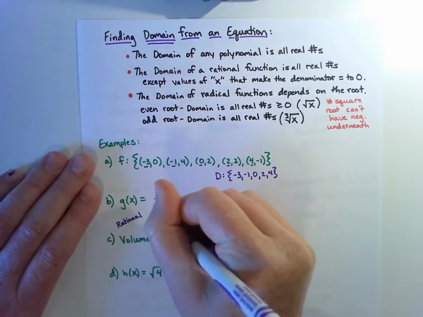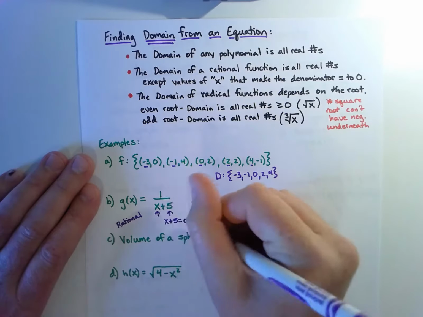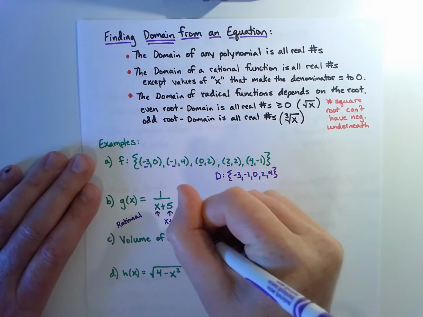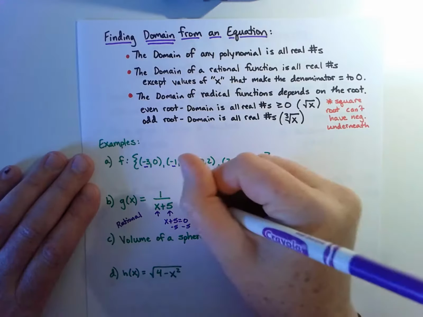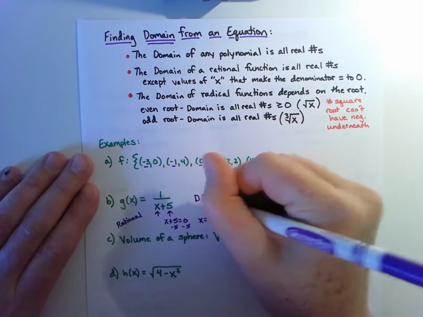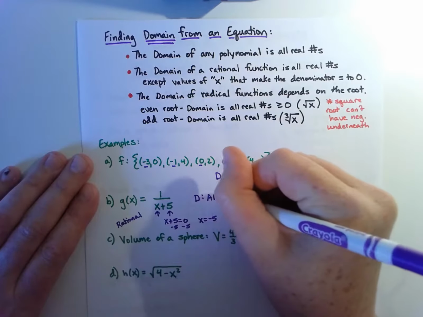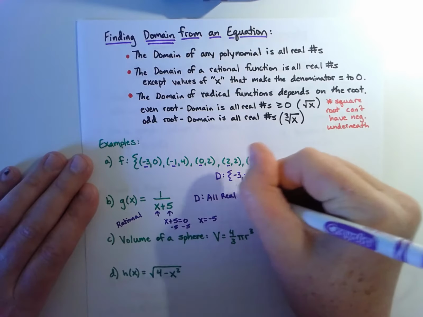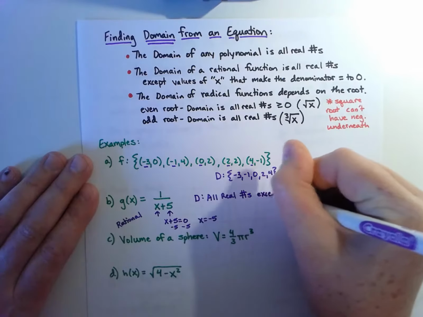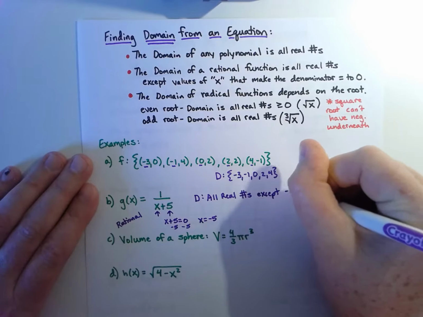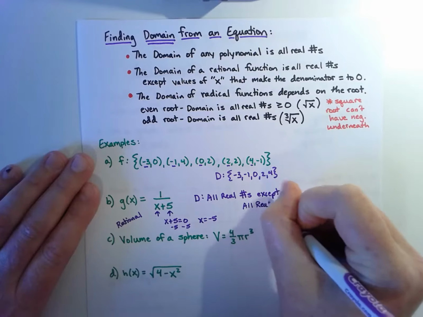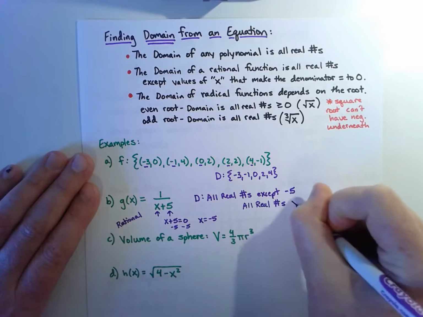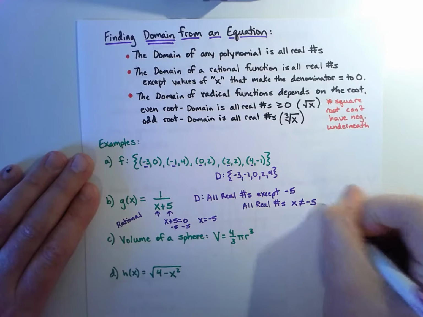We would say if x plus 5 equals 0, and you solve that little equation, x equals -5. So we would say the domain would be all real numbers except -5. You can also state that as all real numbers x is not equal to -5, is another way to write that.